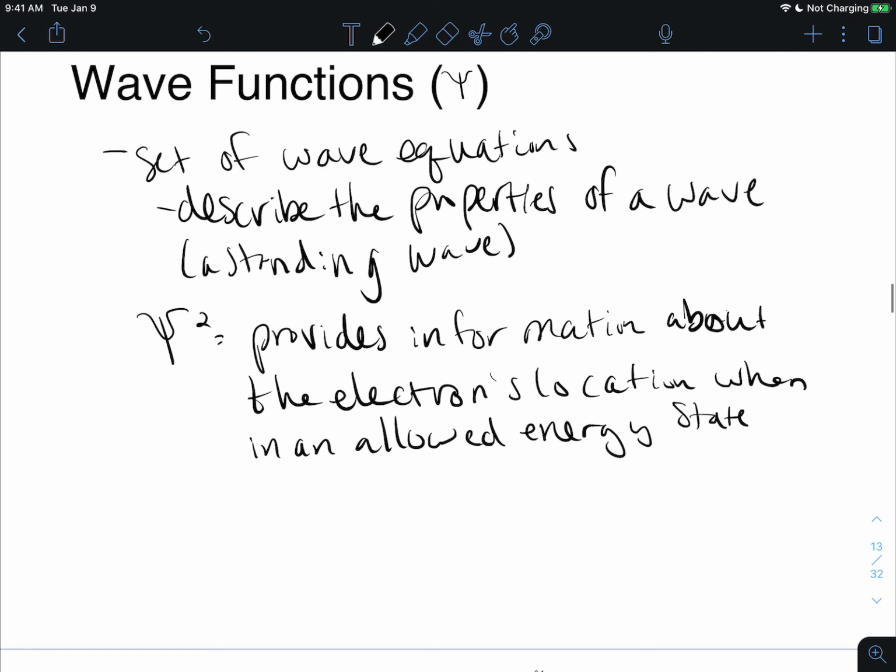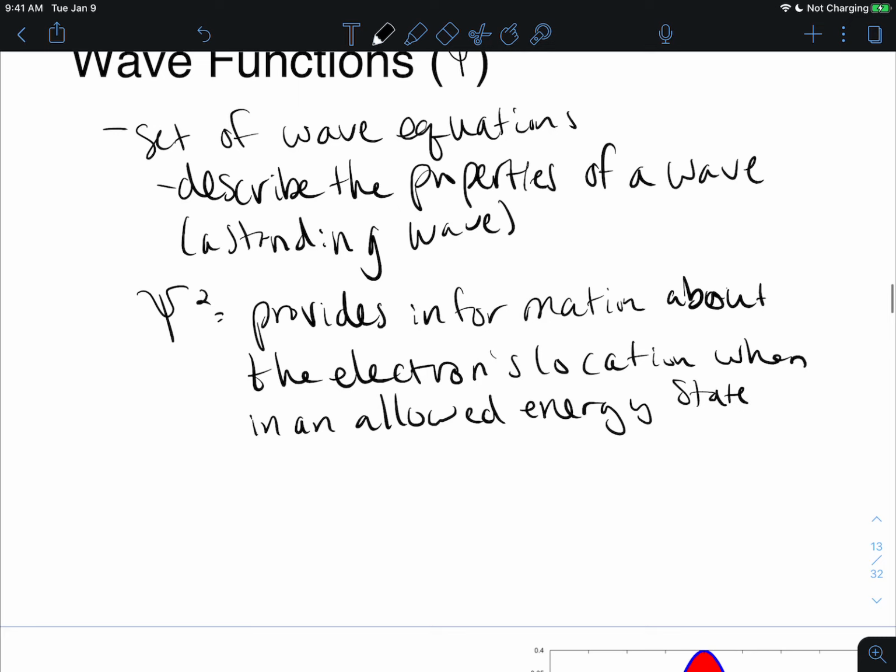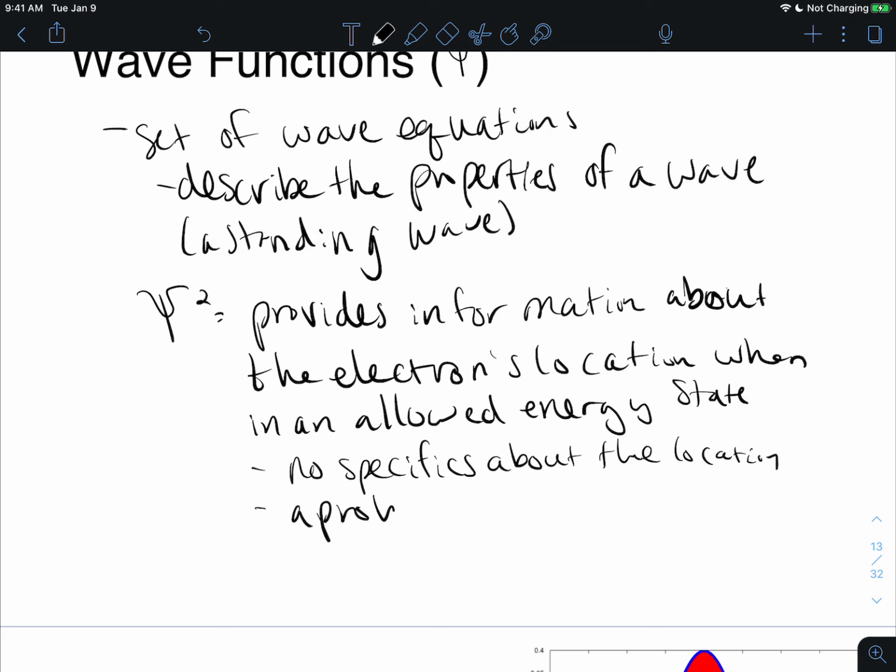Okay, so it doesn't give the specific location, right, because of our uncertainty principle. No specifics about the location. Instead, what it gives us is a probability of finding the electron.